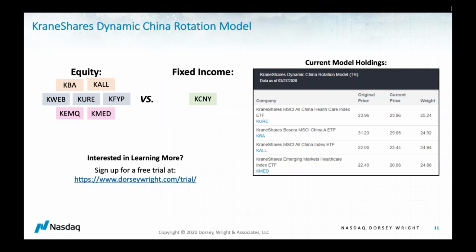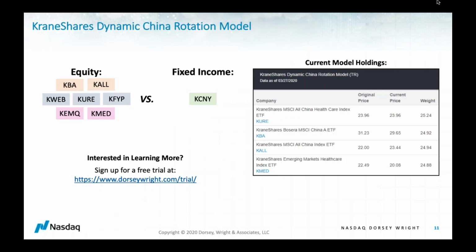Just a brief overview of the workings of that model: looking at 7 Chinese equity focused representatives on the left, comparing each of those funds against the China fixed income representative, the China commercial paper fund, KCNY, on an individual relative strength chart. The model is going to hold those funds that are on a buy signal against Chinese fixed income.